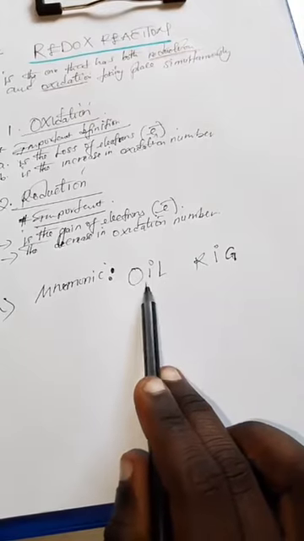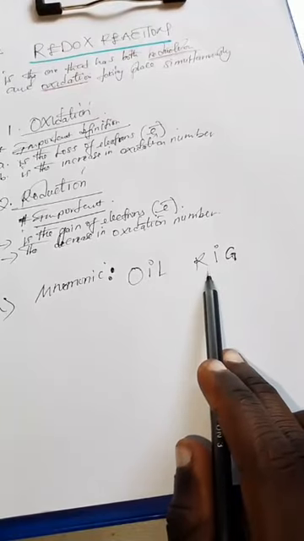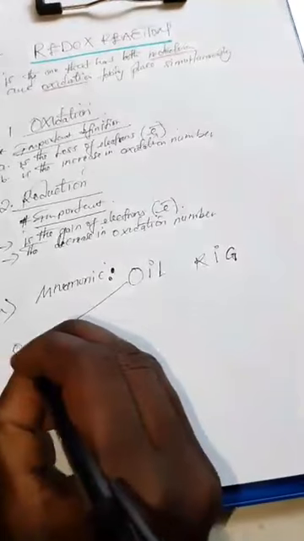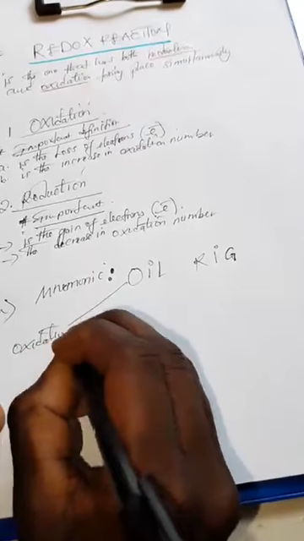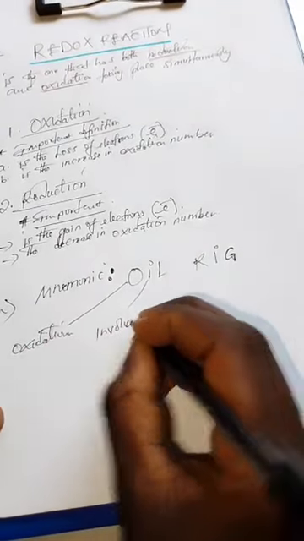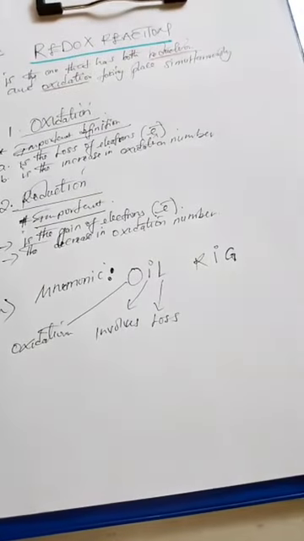Then reduction involves gain, so reduction is the gain of electrons. Oxidation involves loss.